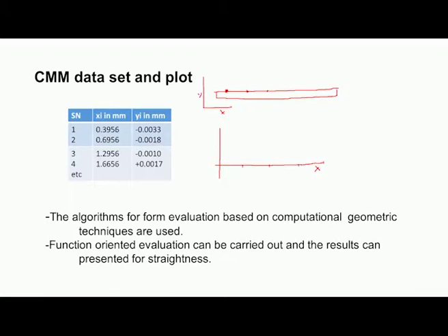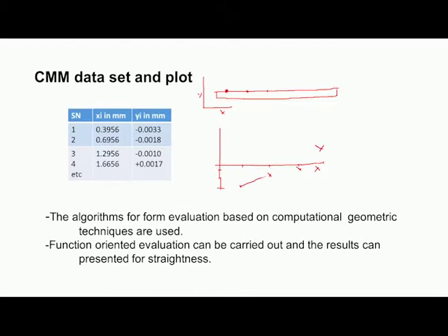So, we have 0.39, it is somewhere here, the y value is negative, that is 0.003. So, this is say 0.001, 0.002 and 0.003. So, the point will be somewhere here, this is the first point, and the second point will be somewhere here, and third point, and the fourth point is here.